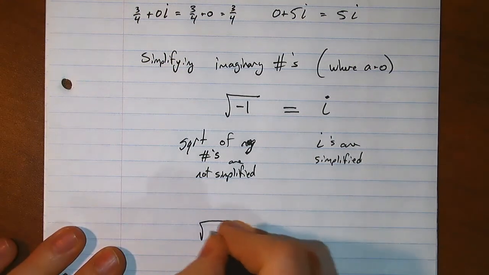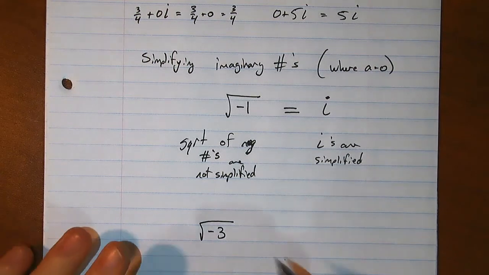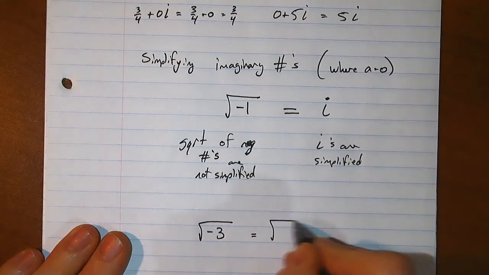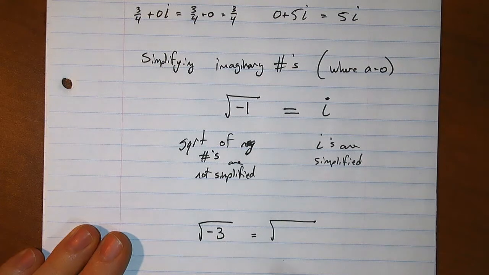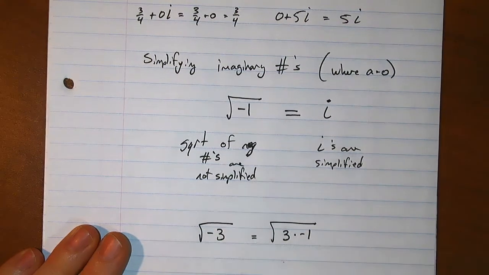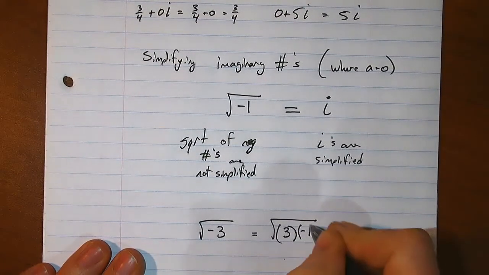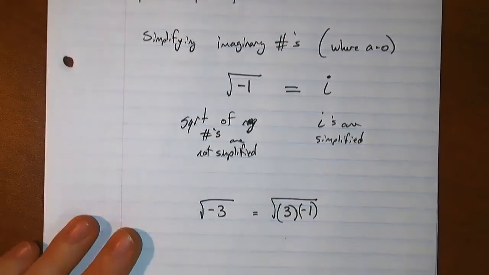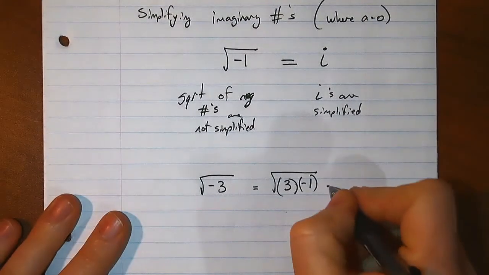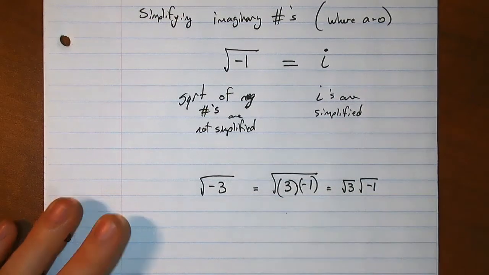Suppose I have the square root of negative 3. The basic idea is you want to think of that as not being just simply a negative 3, but as being 3 times negative 1. Maybe the better way to write it would be with parentheses. So if you do that, then you know from when we studied radicals that you can distribute the radical.